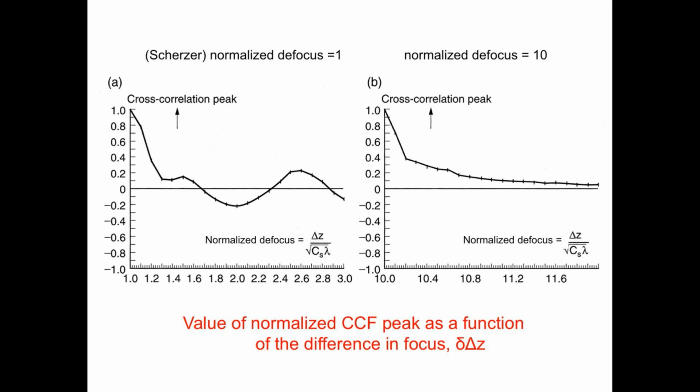This is what we get if we look at the cross correlation of the point spread functions as a function of the difference in defocus. You can see that depending on the focus difference, we might even get a zero in the peak, or we might get negative peaks.